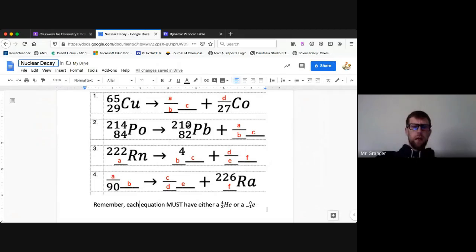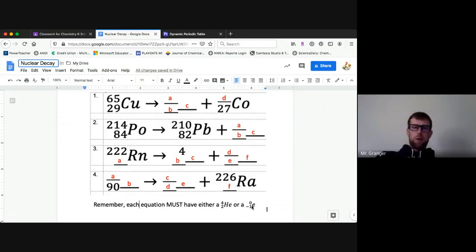So the examples are looking at copper for this first one. This is copper 65, right? Here's the mass number, and it's undergoing decay and becoming cobalt. Your options on this assignment are either alpha decay, which is He 4/2, mass being 4, atomic number, or the number of protons, being 2.